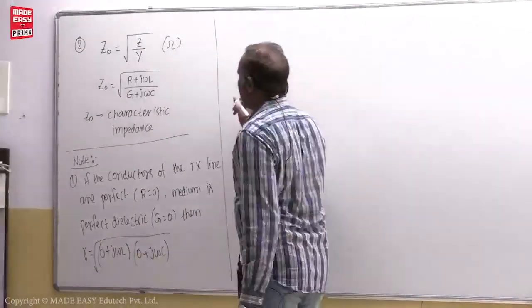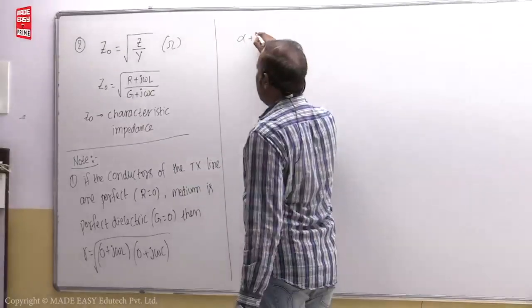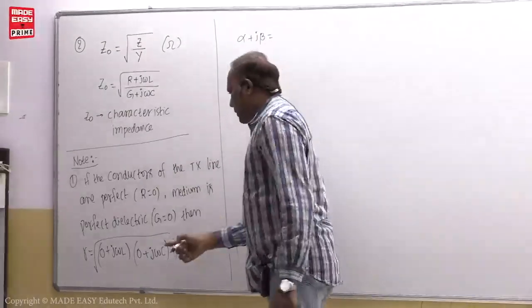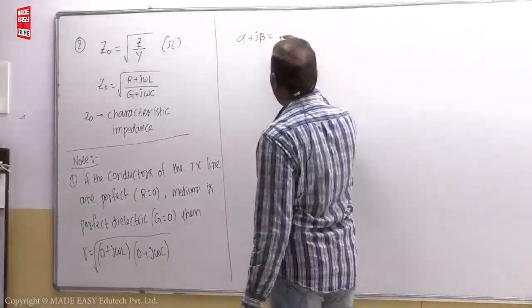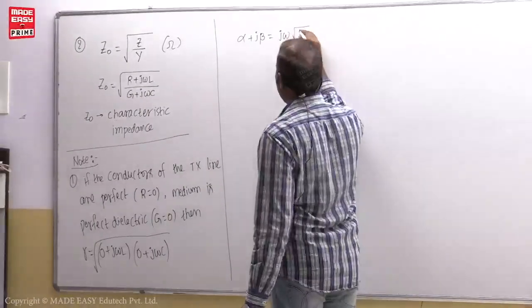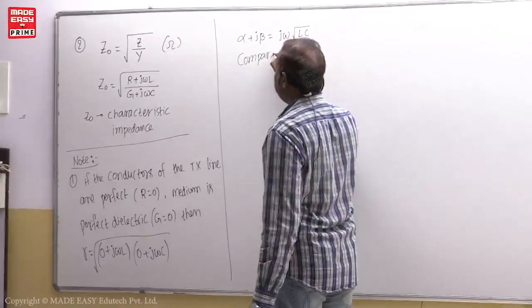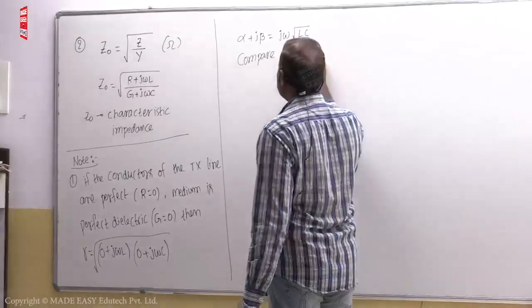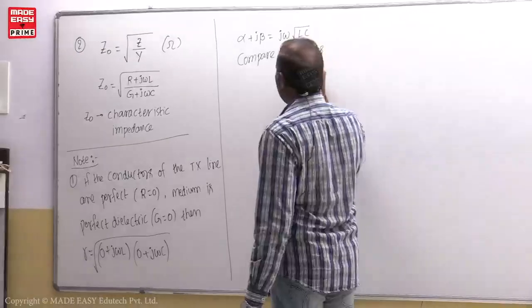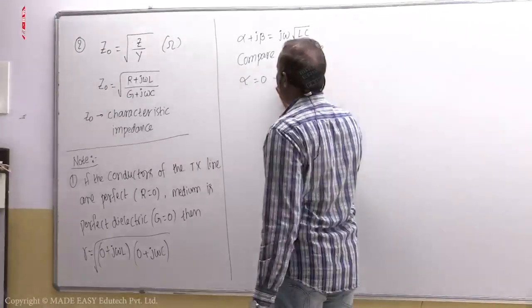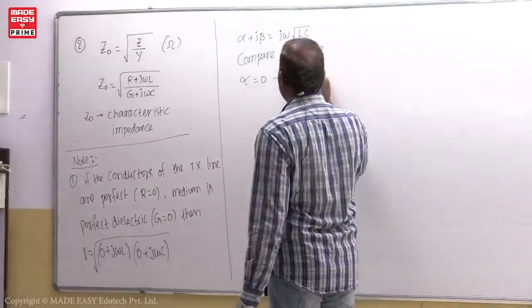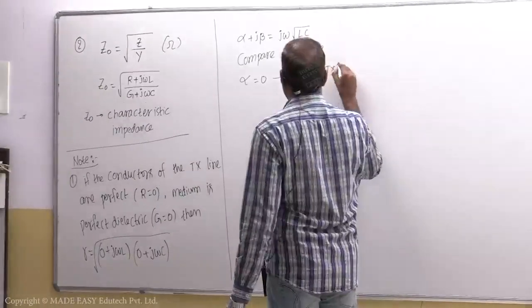Now what is gamma, dear students? Alpha plus j beta, that is equal to root of j omega into j omega, that is j omega root LC. So you compare both sides. Then alpha is 0, that means that is a lossless transmission line.